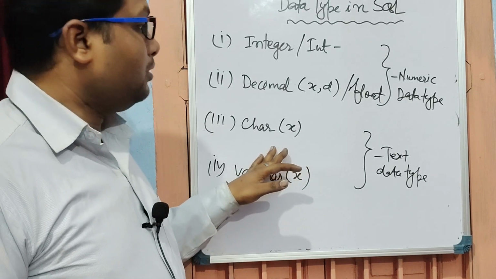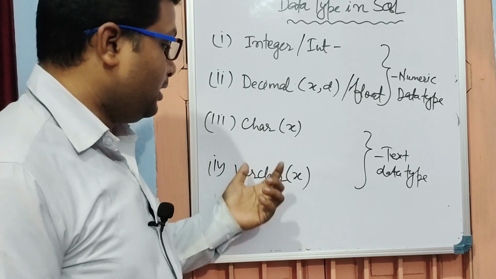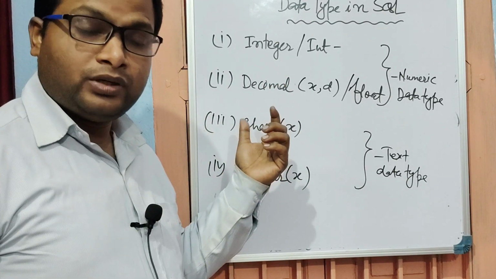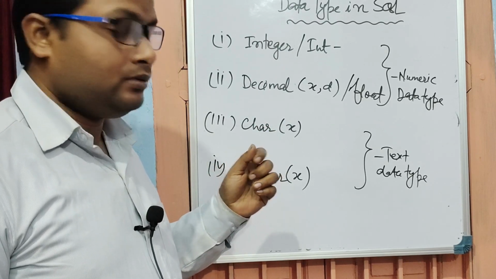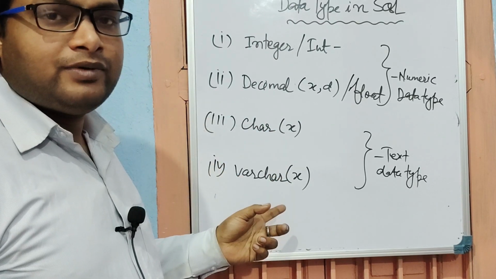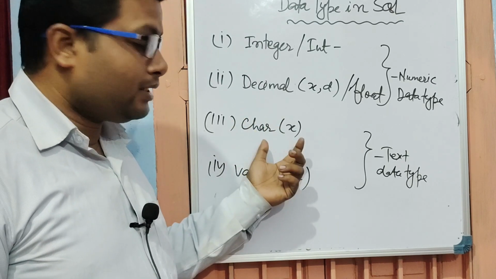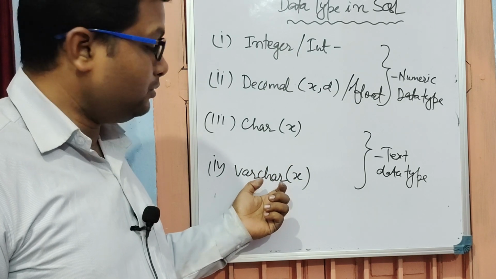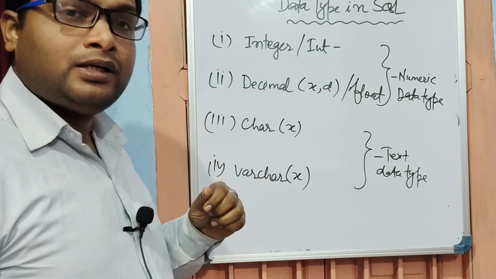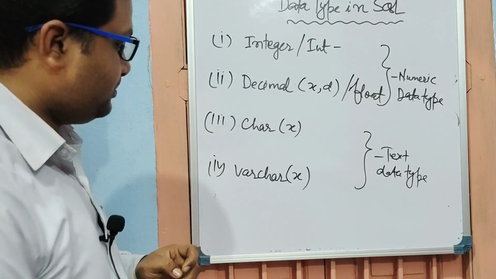Okay, so these are important data types. But in the board examination, the difference between char and varchar is asked. As the name specifies, char is used to store a fixed number of characters. On the other hand, varchar is used to store a variable number of characters. How? Let us see.